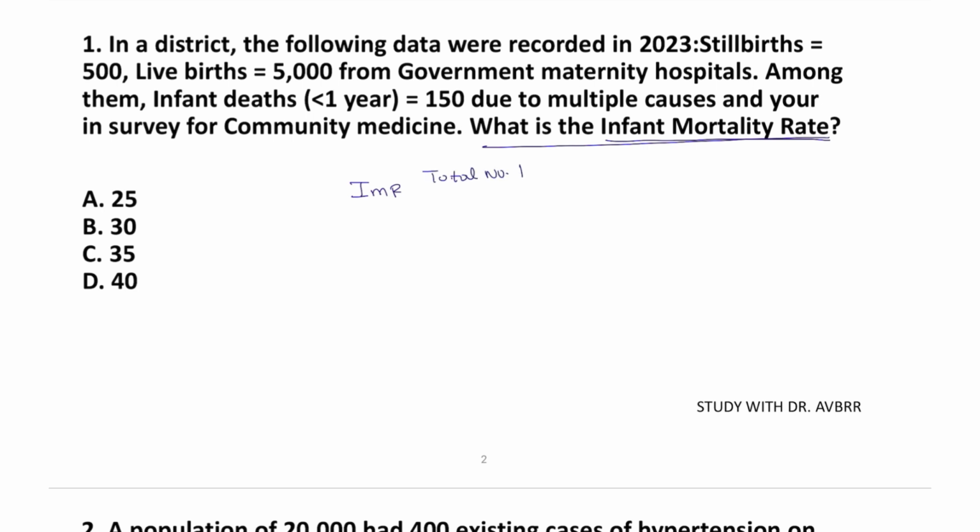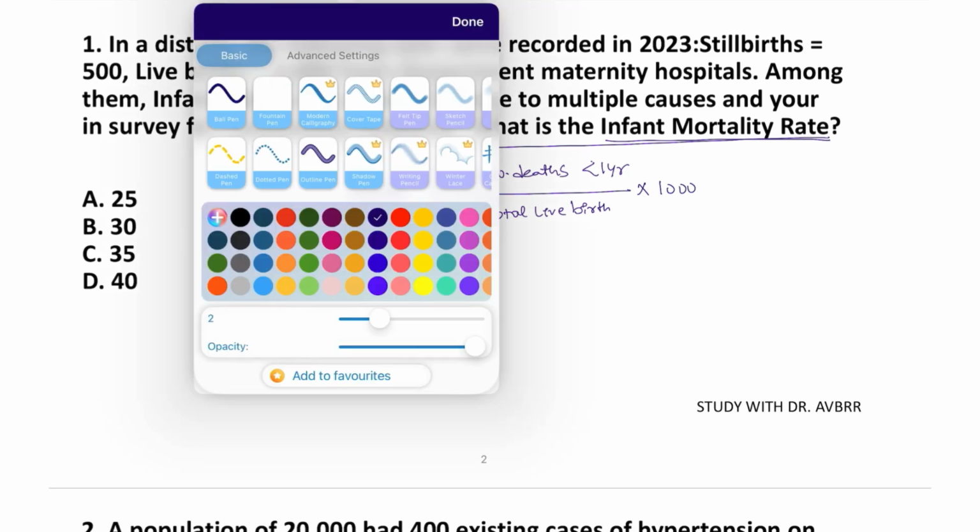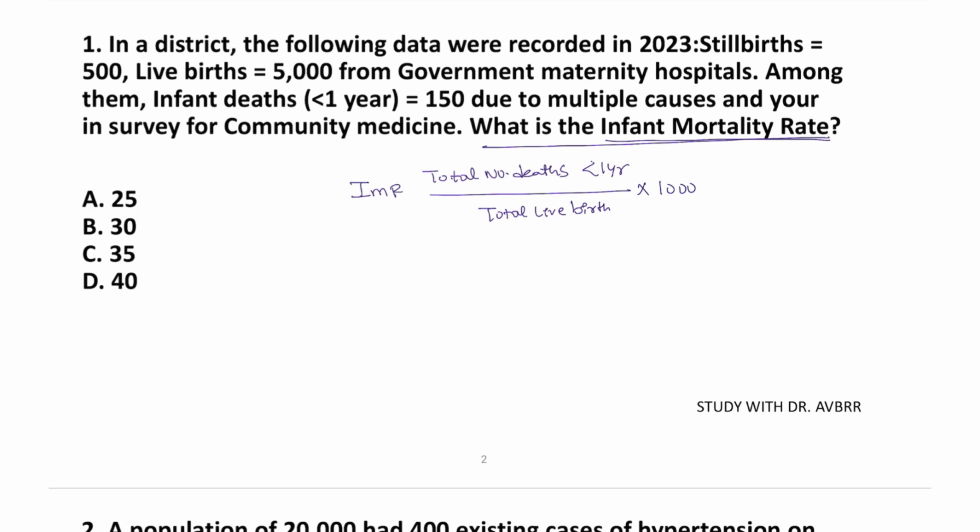It is the total number of deaths less than 1 year, divided by the total live births that we had in the society, into 1000. So let's see. In a district, the following was recorded in 2023: stillbirths are 500, live births are 5000 from the government maternity hospital. Among them, infant deaths less than 1 year are 150 due to multiple causes.